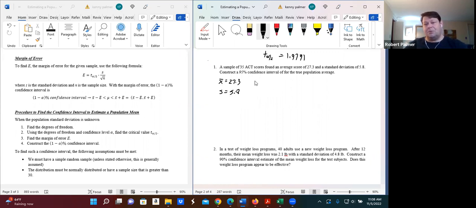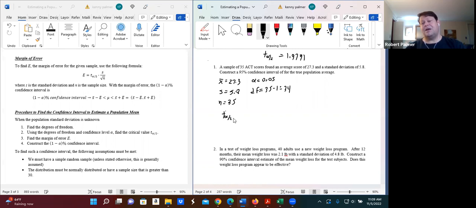Now, we have 95%, so our alpha is going to be 0.05. Then our n, of course, is 35, so degrees of freedom is 35 minus 1, which is 34. Okay. So first, let's find t of alpha over 2.